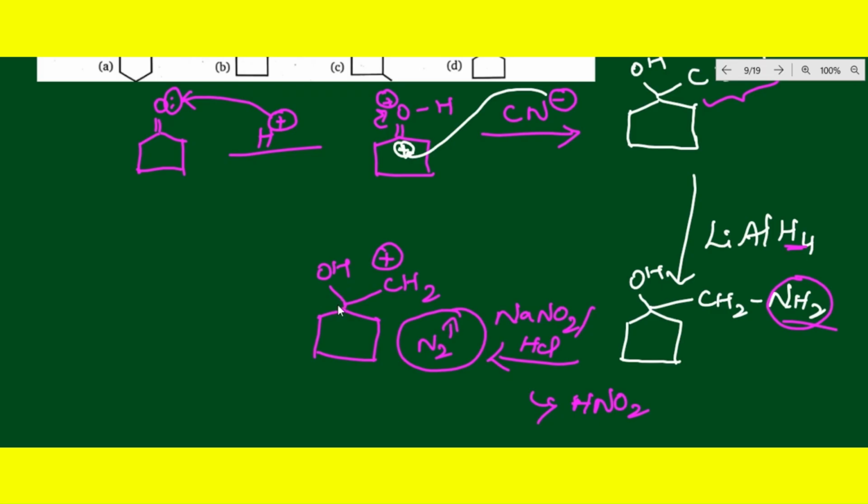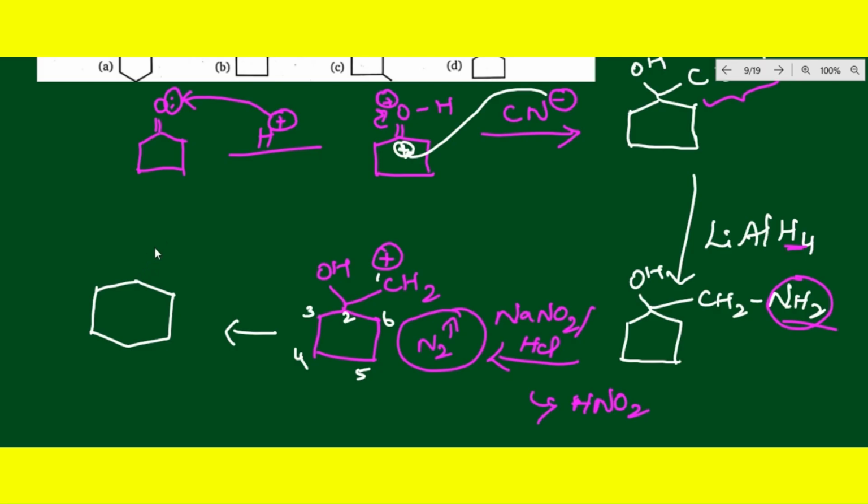Now we can count the carbon number here. This is 1, here you will get 2, here 3, here 4, here 5 and here 6. Due to this hydrogen shift, you will get it this way, so 6 carbons will be available.